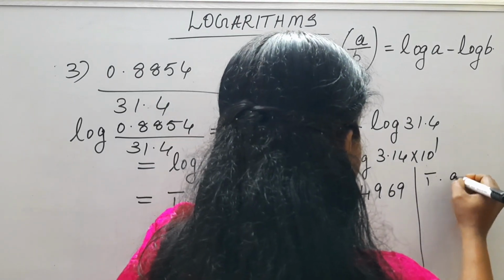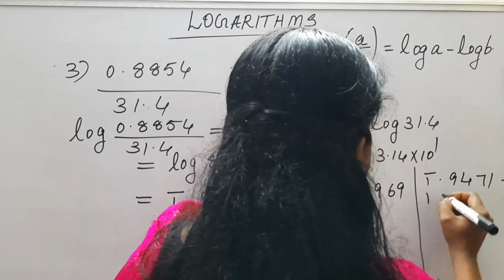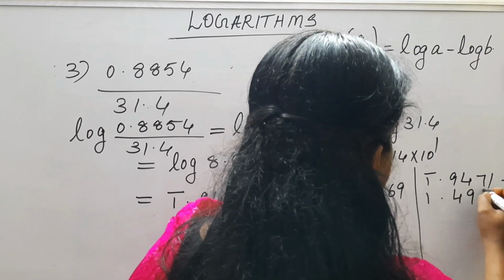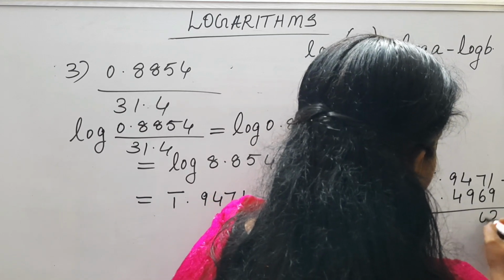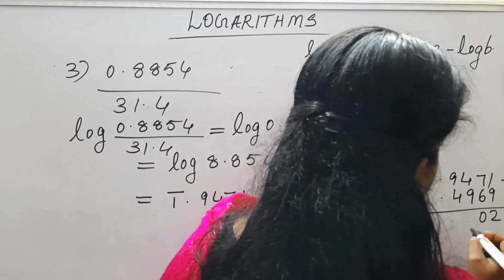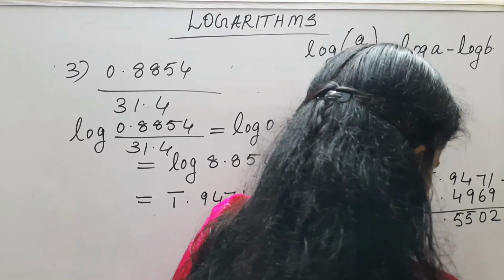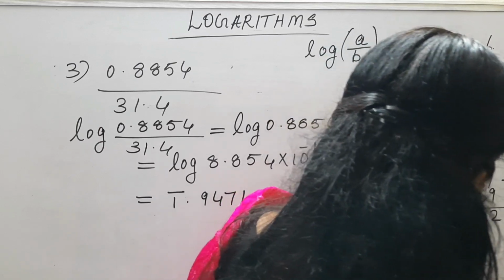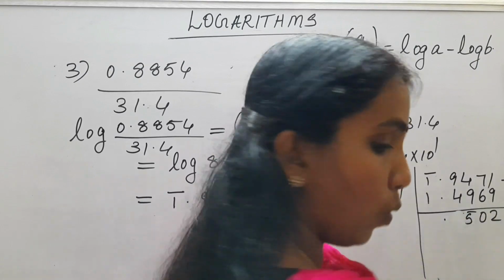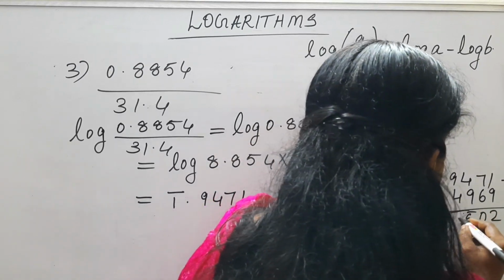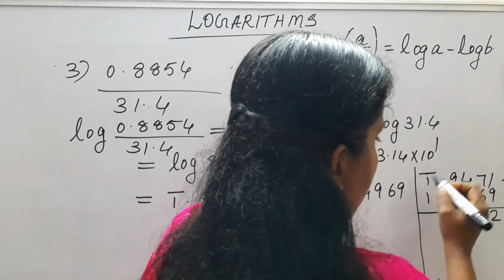Okay. So bar 1, now we can do the subtraction. Bar 1.9471 minus 1.4969. So 2, 0, 5, 5, again went wrong. Yeah, it's 4 only here. It's 4502. Then what is this?